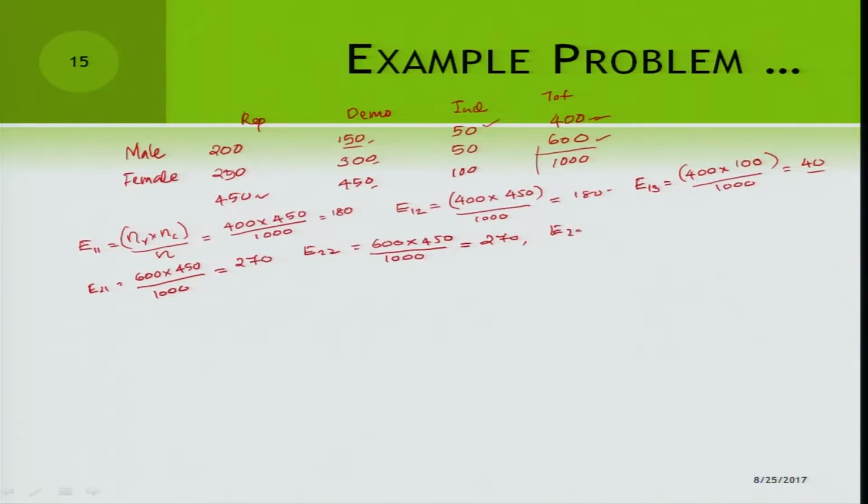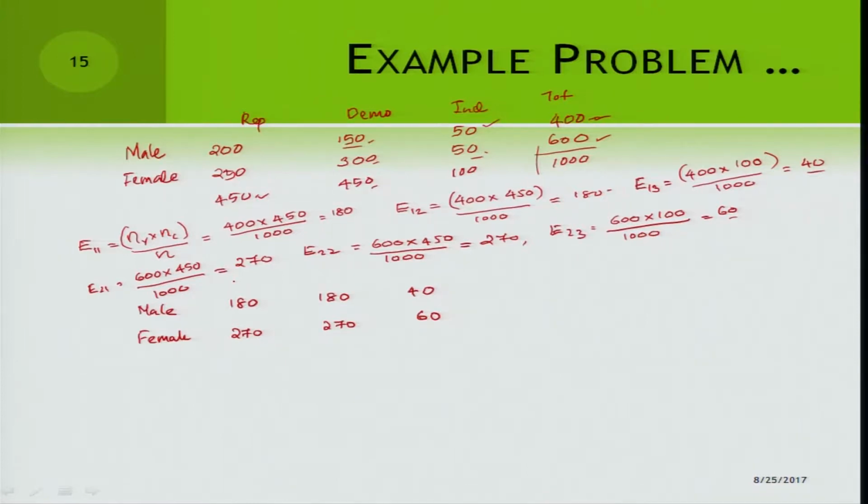And E23 is row multiplied by column divided by 1000, equal to 60. If you write the expected value matrix, it looks like this: male, female, and you have 180, 180, 40, 270, 270 and 60. These are the expected values that get compared in one-to-one correspondence.